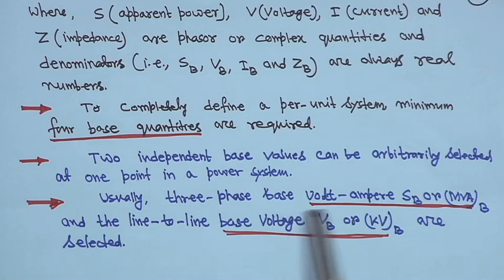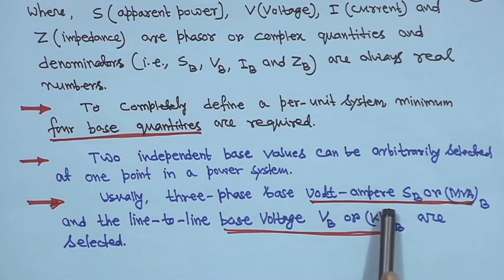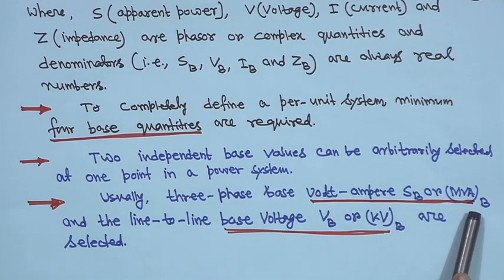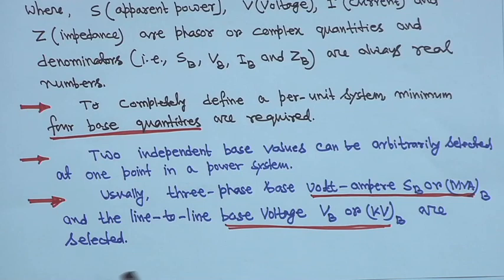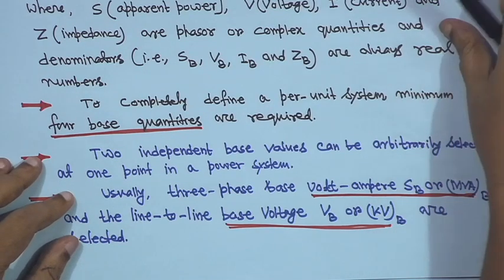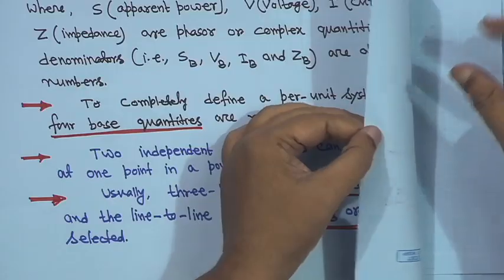So, usually the 3 phase base volt ampere SB or MVA base, and the line to line base voltage VB or kV base are selected. Generally, these MVA base and line to line kV base we select first, for the base quantity. This we assume for any system.